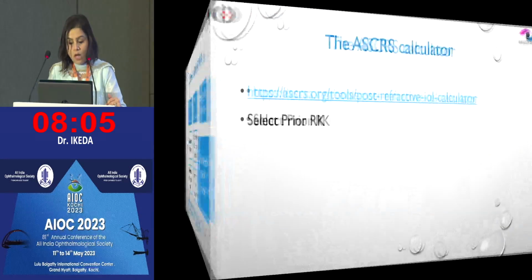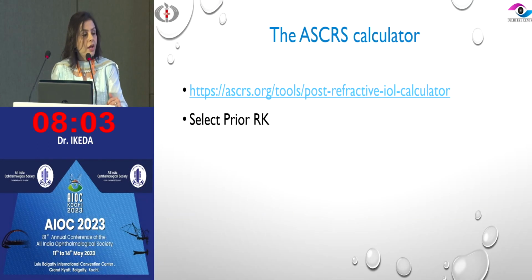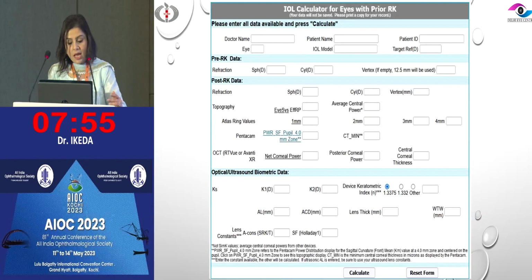Before I talk about a couple of cases and really try to understand which formula to use, just a word about the ASCRS calculator. We have to select the prior RK module here, and a few of the important points to keep in mind: the target refraction that we enter for these patients has to be slightly myopic and not emmetropic.